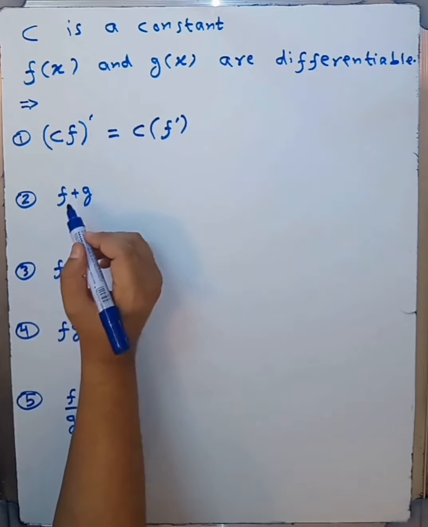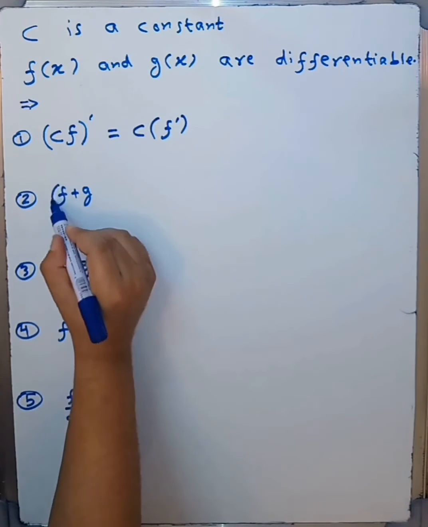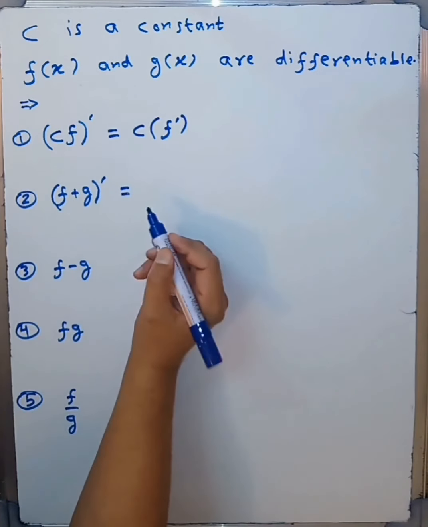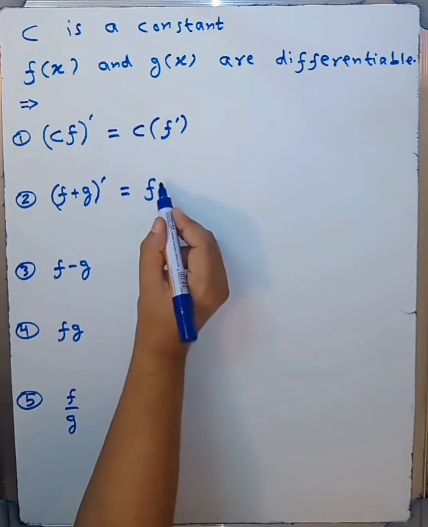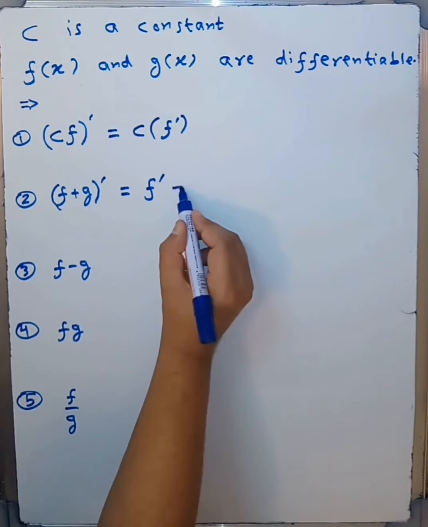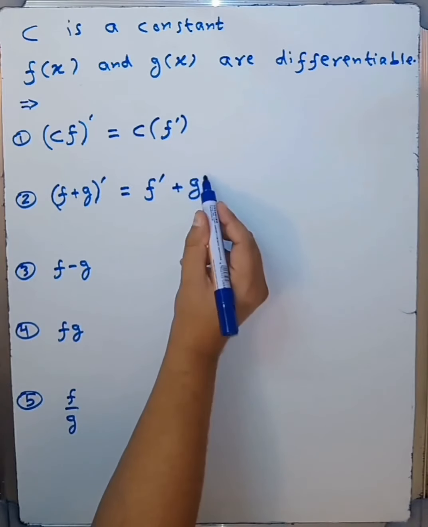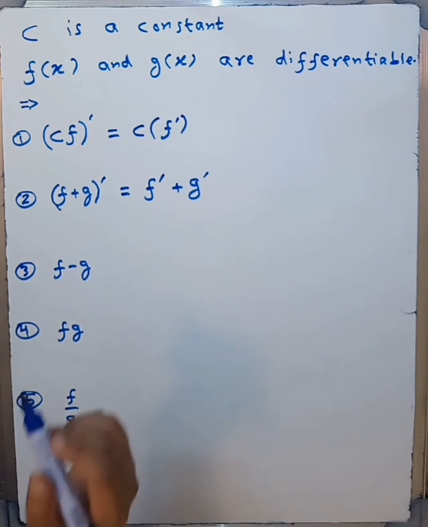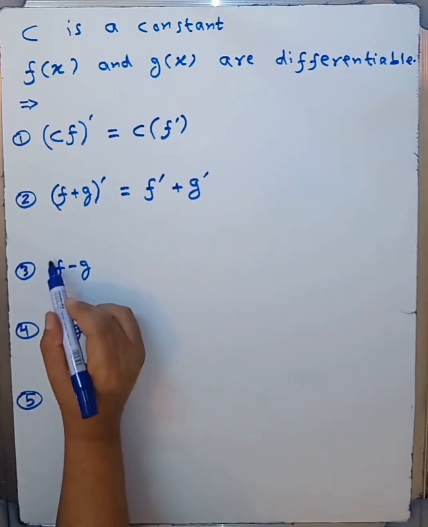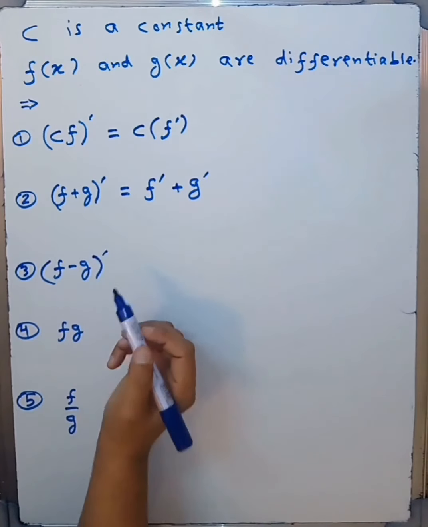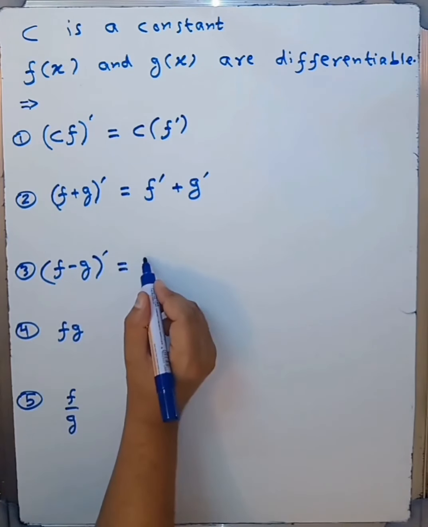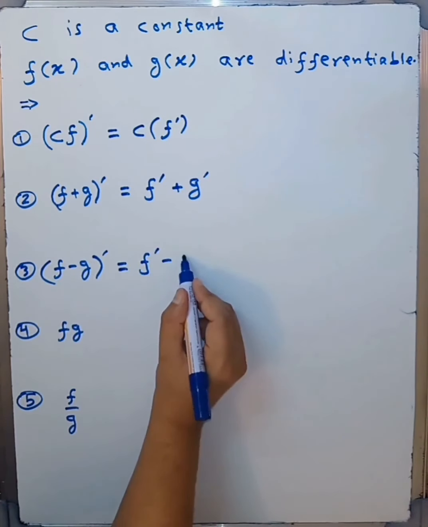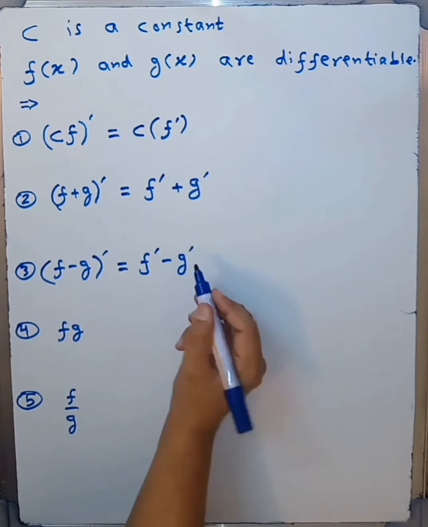The derivative of f plus g is equal to derivative of f plus derivative of g. The derivative of f minus g is equal to derivative of f minus derivative of g.